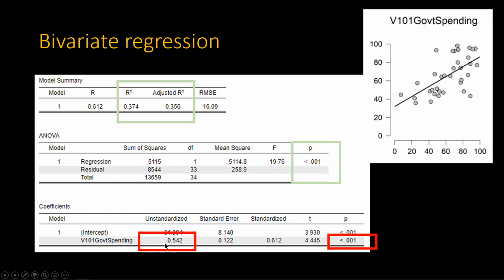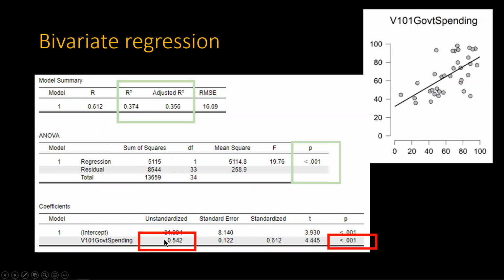For government spending, there is a slope, the slope of this line, such that, by definition, for a 1 unit increase in the independent variable, which is government spending, whatever it's measuring, there will be a 0.5 unit increase in the dependent variable.